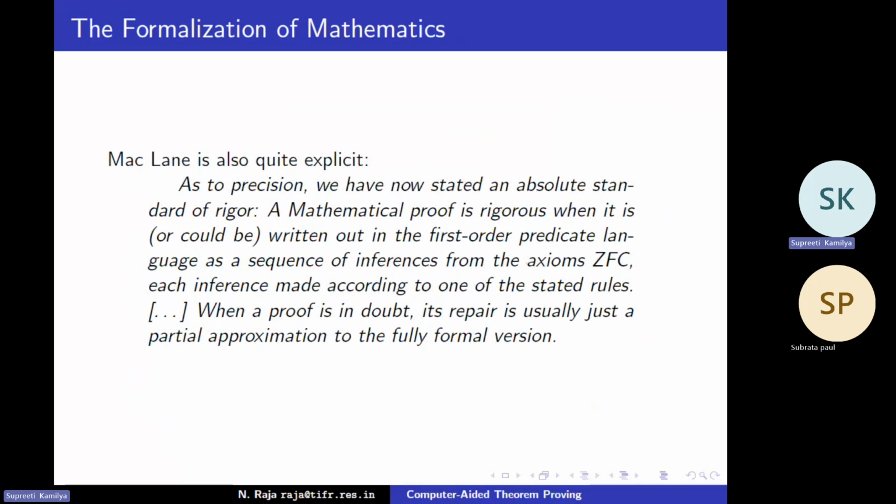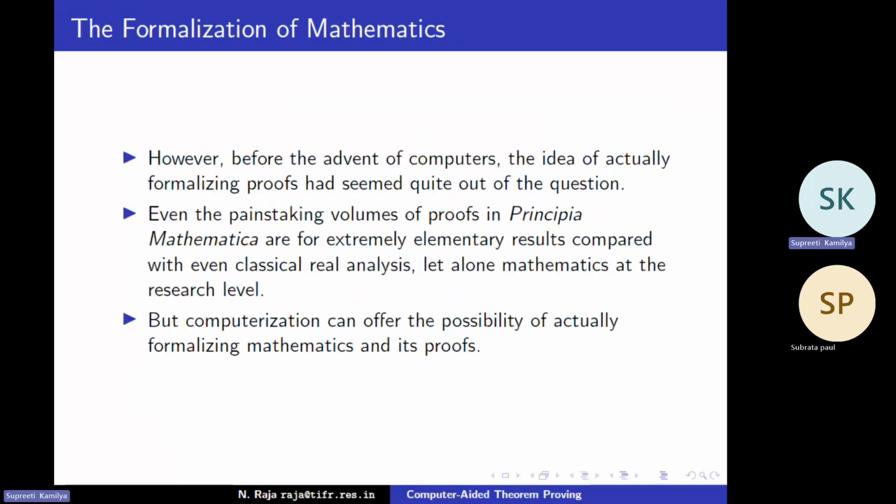So here is something from Saunders Mac Lane. Again, he says when a proof is in doubt, its repair is just a partial approximation to the fully formal version. So you do proofs in a more informal language, but wherever there are some kinds of ambiguities or doubts, then you go down to the more formal version of it.